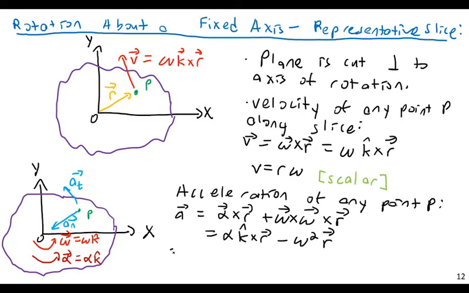And then if I resolve into tangential and normal components, actually let me do that on the next slide. I'm squeezing this down, so let me put that on the next slide.